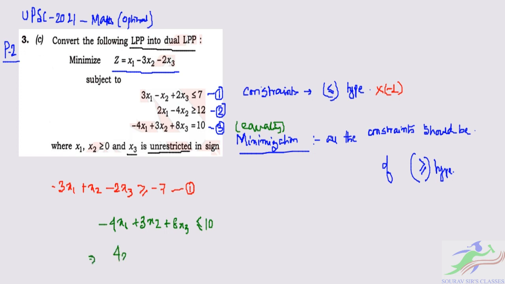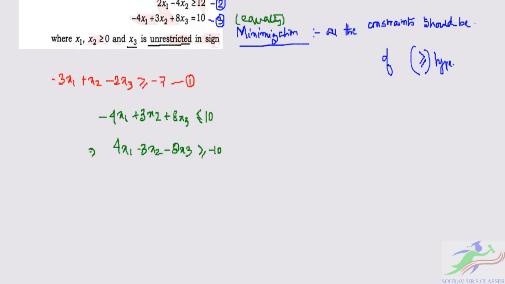Similarly, it can be written as 4x1 minus 3x2 minus 8x3 greater than or equal to minus 10, right? And it can also be written as minus 4x1 plus 3x2 plus 8x3 greater than or equal to 10. So these are the new equations.